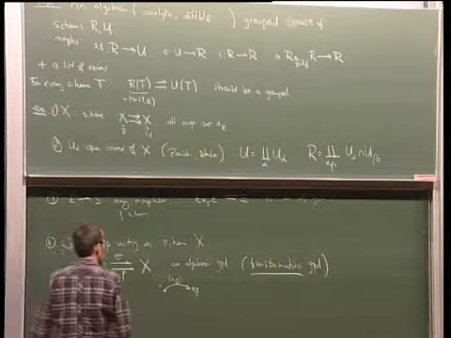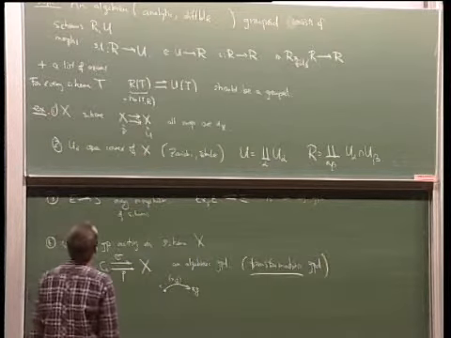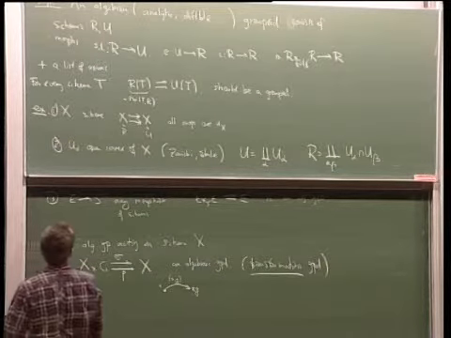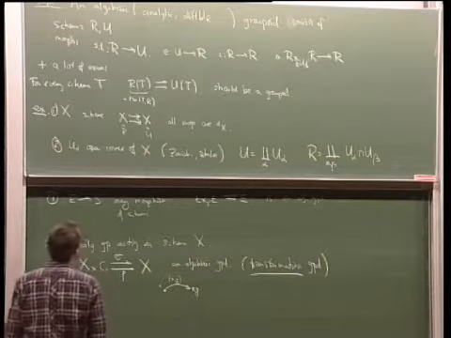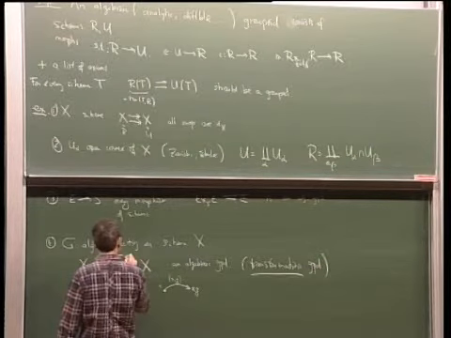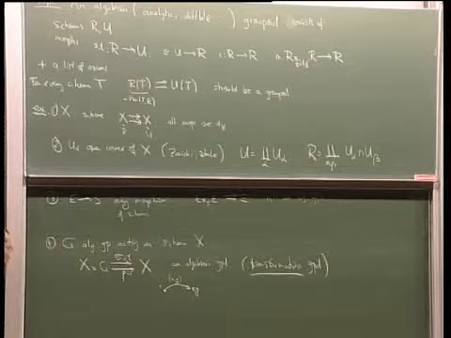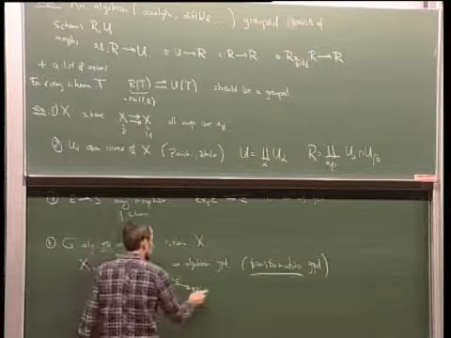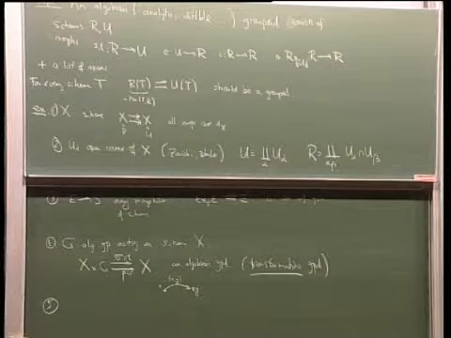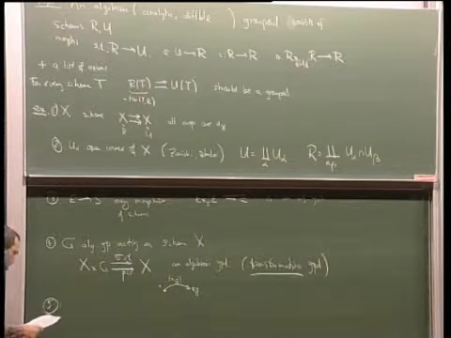So the source map is X. Again, you can check all the axioms.